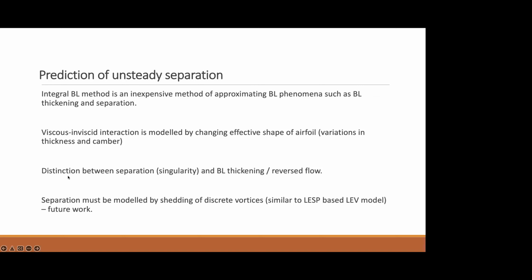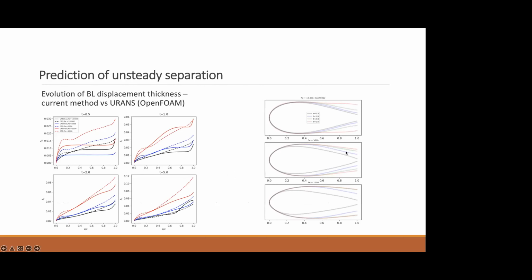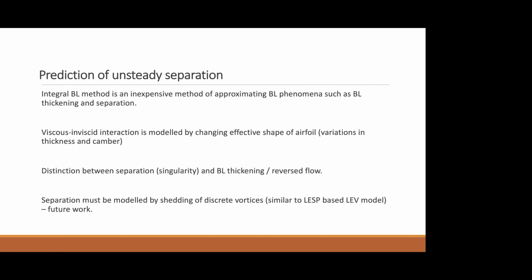In this research, we are making a distinction between flow separation, which is indicated by the singularity, and boundary layer thickening and reversed flow. In these cases, we do have boundary layer thickening and reversed flow, but we don't really have flow separation, which is the detachment of a shear layer from the airfoil surface. So we haven't yet reached a stage where we can model separated flows. That is something that we are still working on.